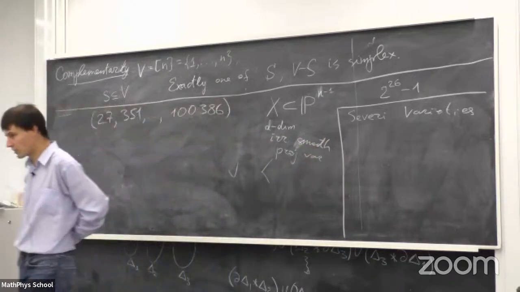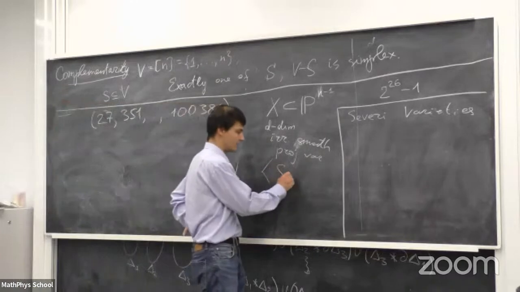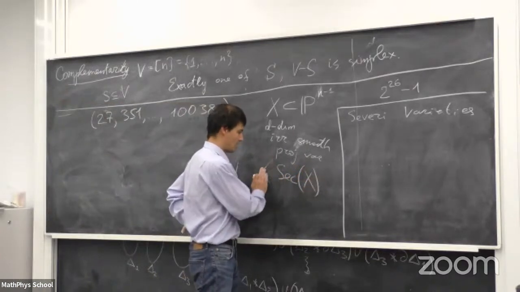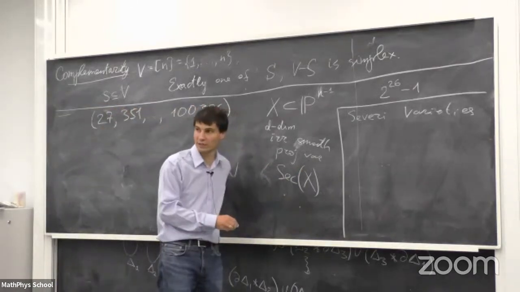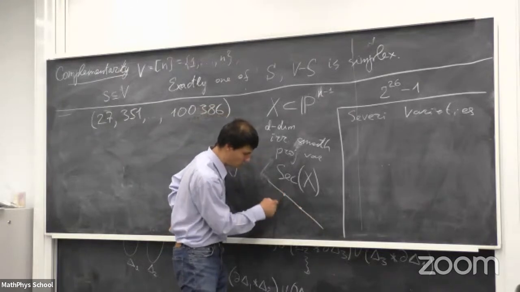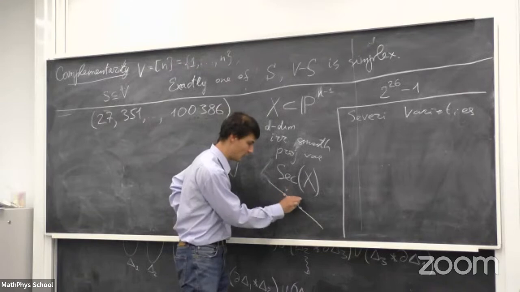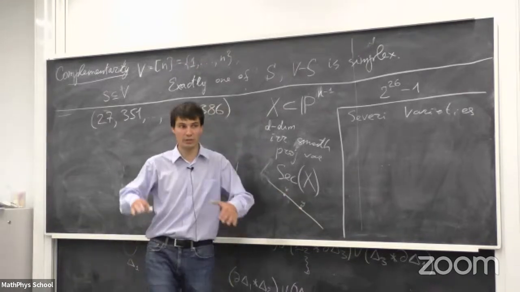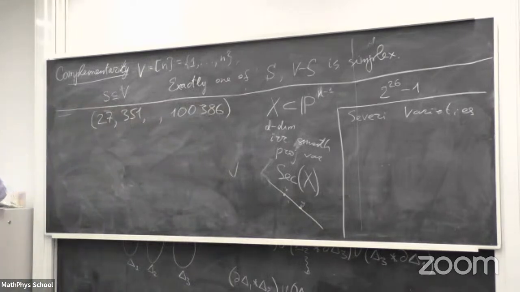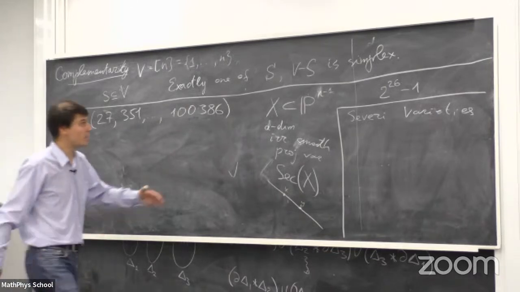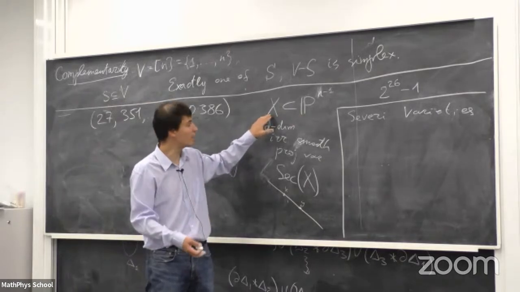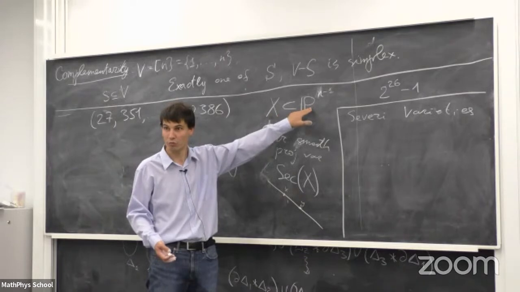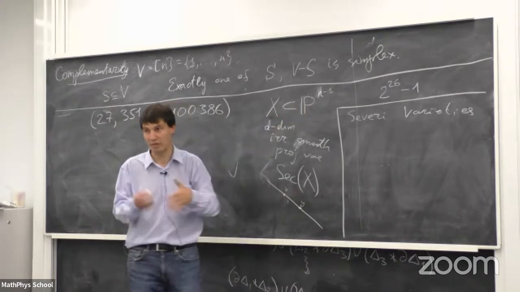Starting from this variety, one can consider the secant variety of X, which is, by definition, all lines through 2 points of X; we take the union of all these lines and take the Zariski closure, and we get some subvariety. We may ask whether this variety is the whole projective space, or maybe not.